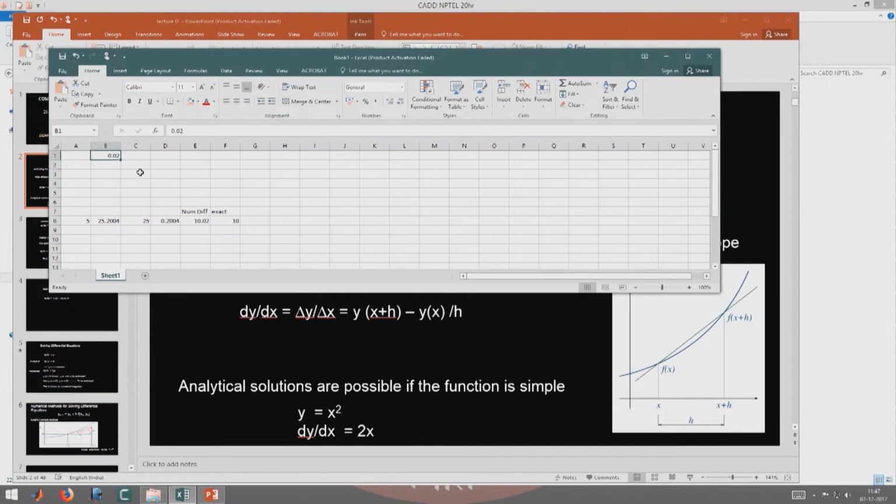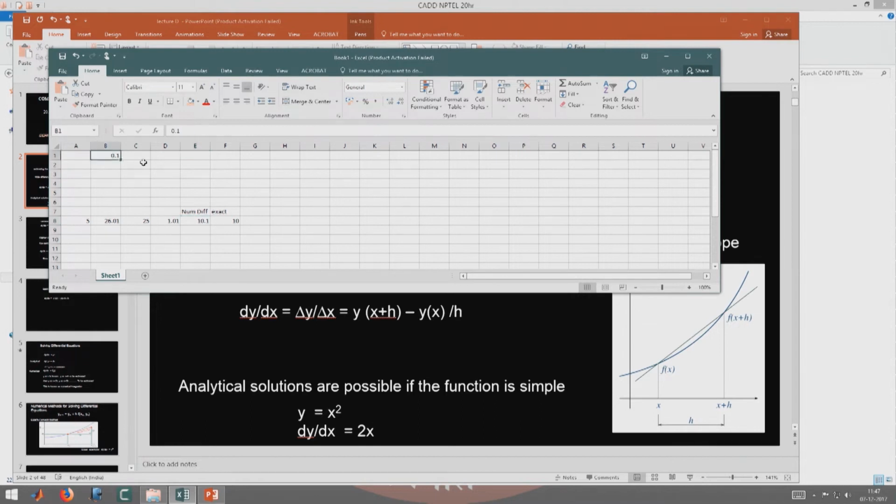So if I increase it to 0.1 for example, the error has become, as you can see, the numerical differentiation gives 10.1 whereas the exact value does not change, it is 10. So you can see the numerical gives almost 10% error.